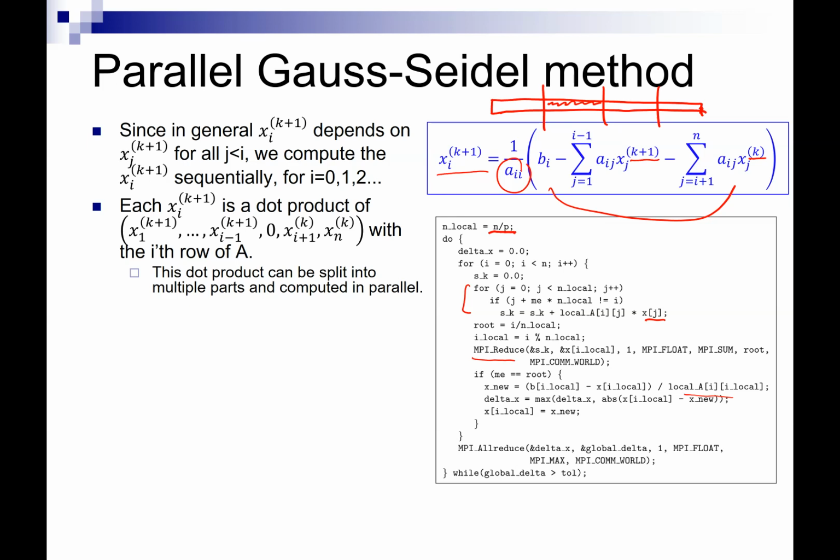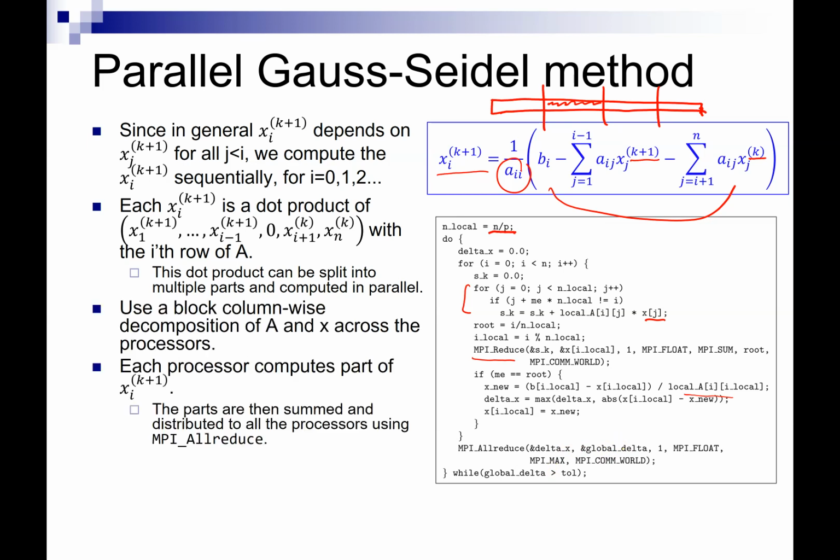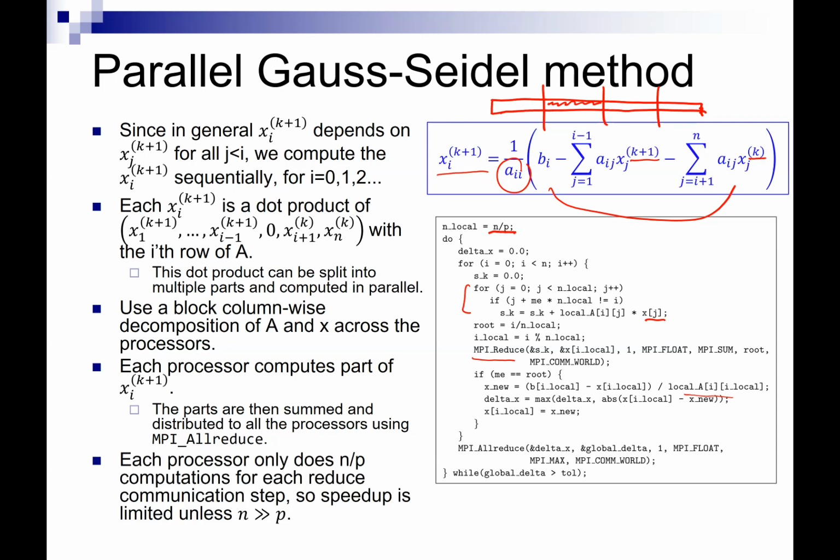If x changed a lot, so if this global delta is large, then we're going to keep iterating because we haven't converged yet. Otherwise, if global delta is less than this tolerance, then we converge. So that is basically what we're doing.